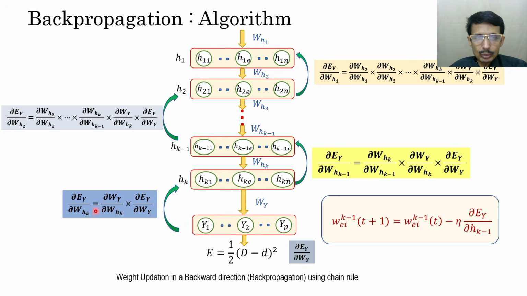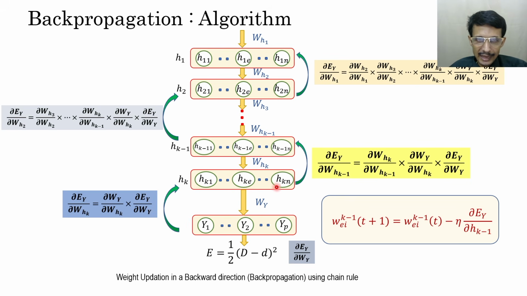The del of W_HK, that is the W_HK in this layer, and what we get is the del of E by del of Y and del of Y by del of W.